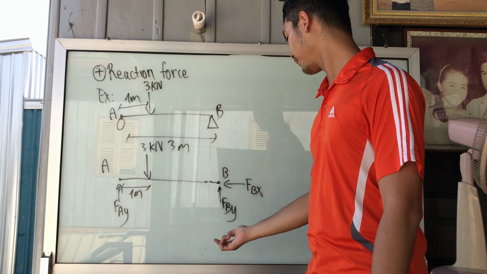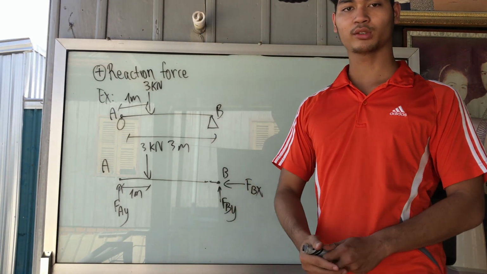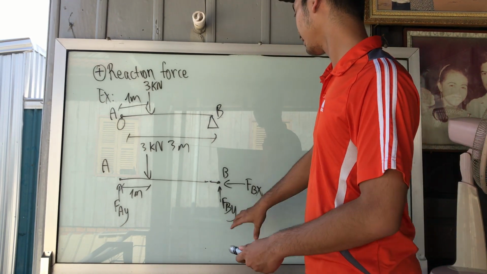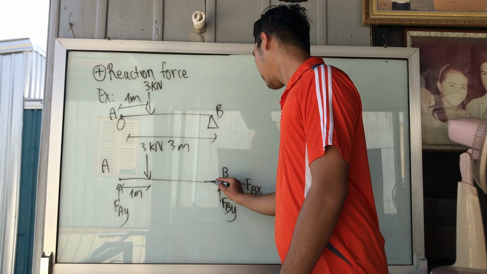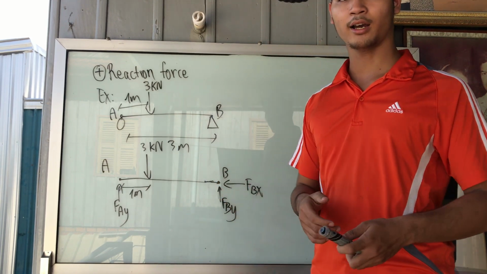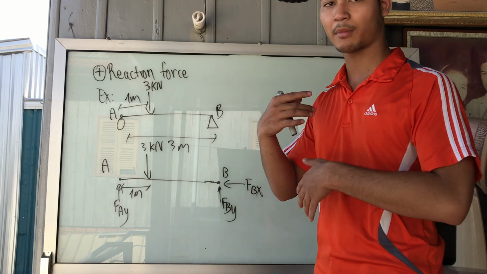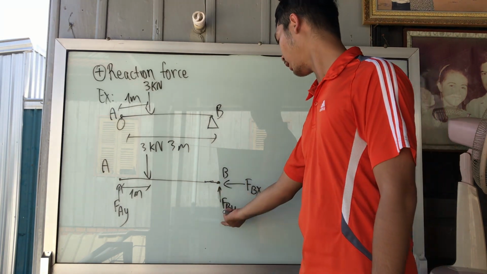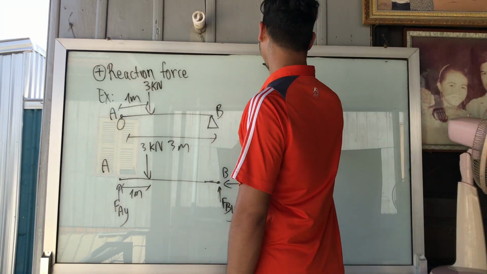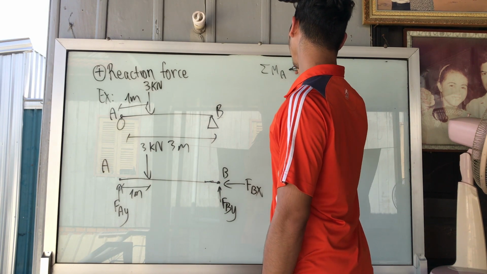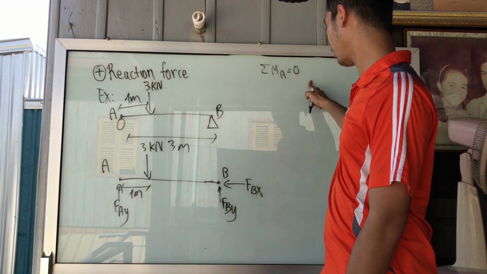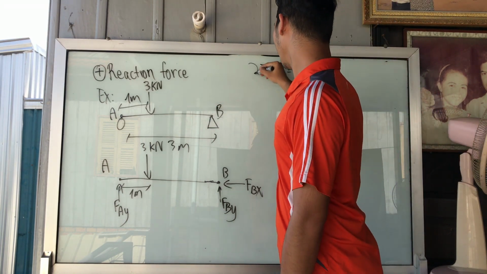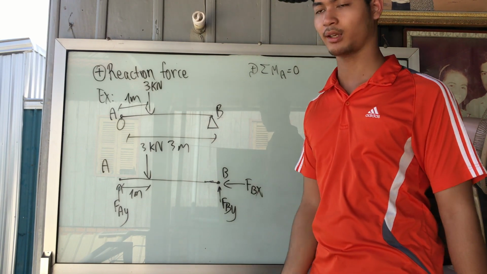In order to find FBY and FAY, basically I use the Newton law method. In this exercise, let me first sum all the moments at point A in order to find the reaction force FBY. Okay. So sigma MA equals 0, and I assume clockwise direction is positive.